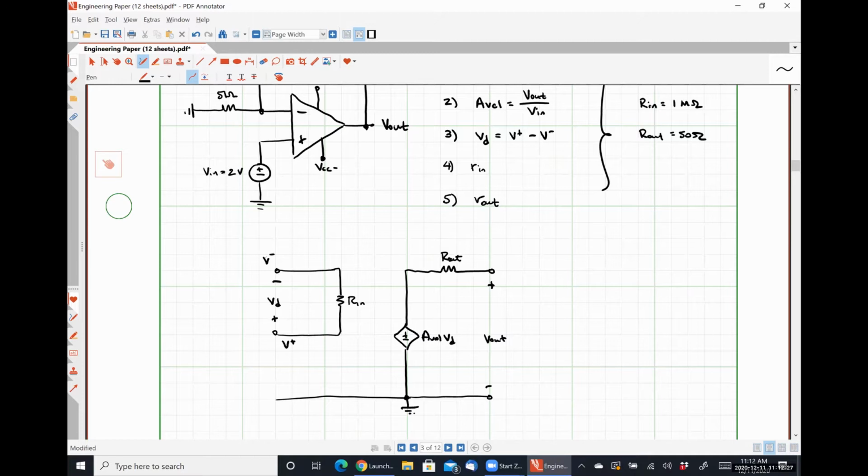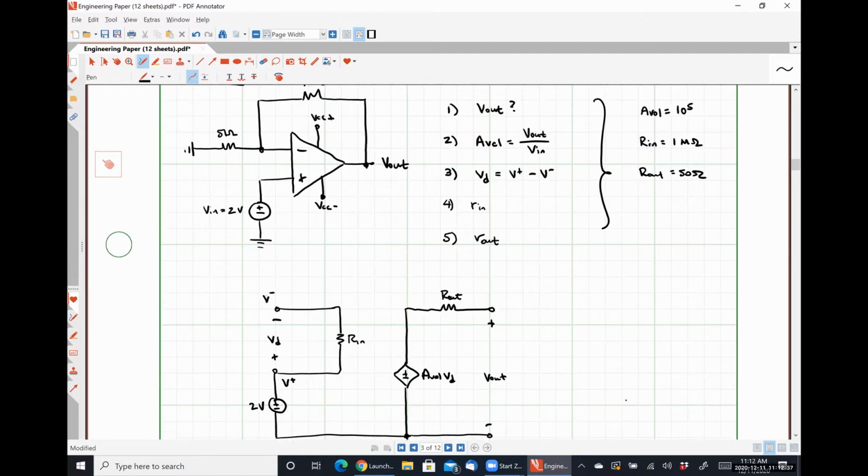Between the non-inverting input terminal and ground, I see my 2-volt source. Between the inverting input terminal and my output, I have my feedback resistor, which is 10 kilo ohms.